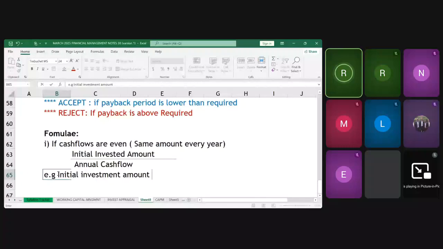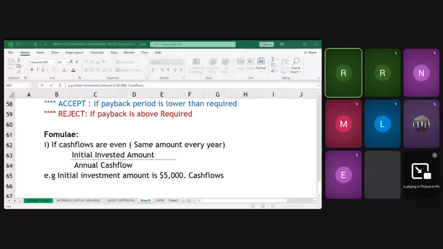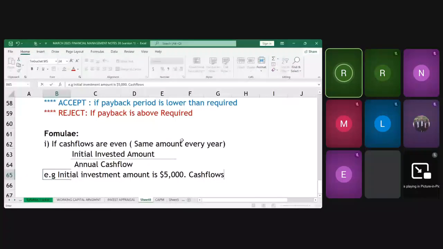Then cash flows from year one to year five are projected to be 1,500 a year. So that is the example.